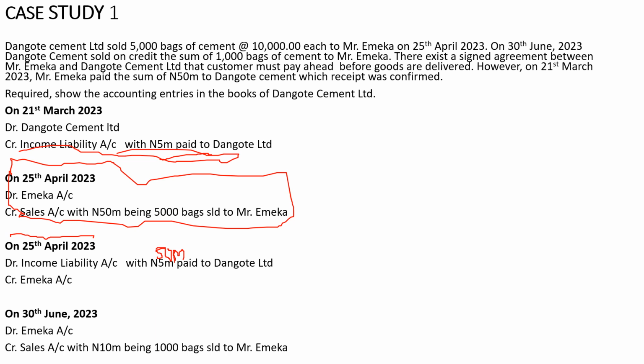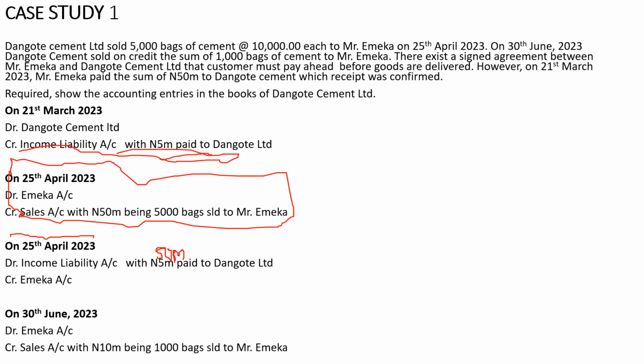As an accountant, when you're reporting at the month end, 30th of March 2023, in your balance sheet, it will show that there's an income liability in the account of 50 million naira, right?